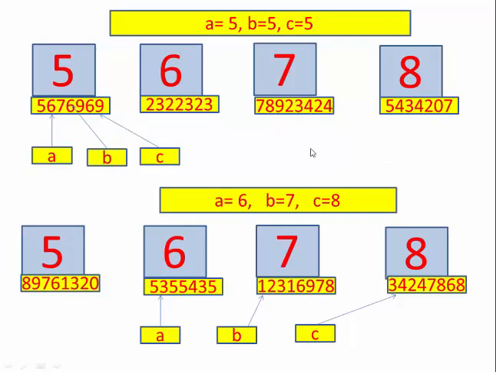We have already learned this in the first video also. So suppose we have assigned A is equal to 5, B is equal to 5, and C is equal to 5. So that means these A, B, and C are not different memory locations. They are referencing only the same memory location.